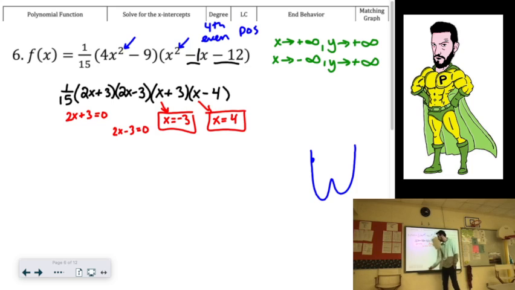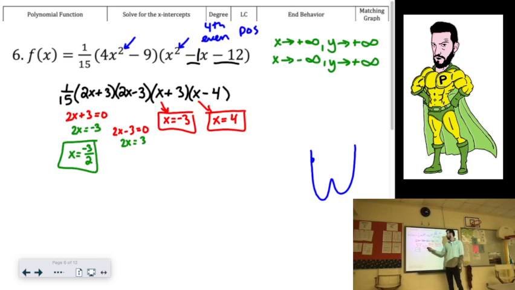So for 2x plus 3, we'd have to subtract the 3. 2x equals negative 3. And then we would divide by 2. So we'll get x equals negative 3 over 2, which is like negative 1.5. On 2x minus 3 equals 0, we would add the 3 first. So 2x equals 3. Then we would divide by 2. So we'd get x equals positive 3 over 2, or positive 1.5.